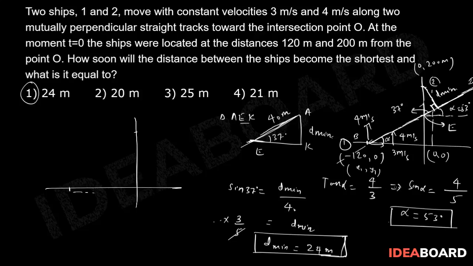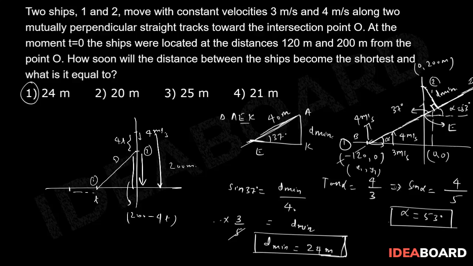Let's say after certain time t, ship number 1 came here and ship number 2 came here, and let us say this is the minimum possible distance, which is d. Correct? If that is true, this distance was initially 200 meter, and this velocity was 4 meter per second, so in t time it will cover 4t distance. So this distance will remain 200 minus 4t.